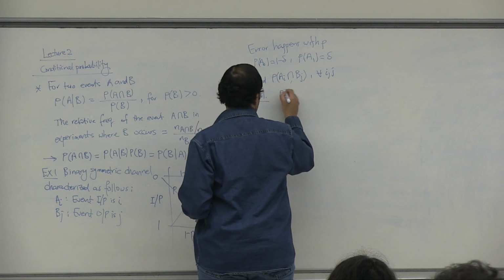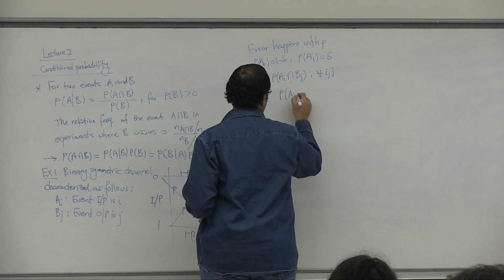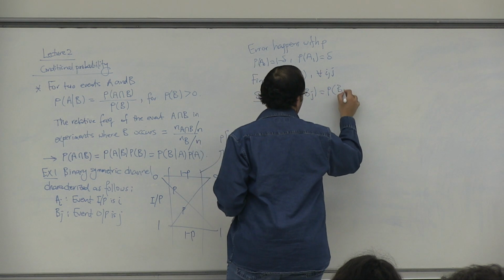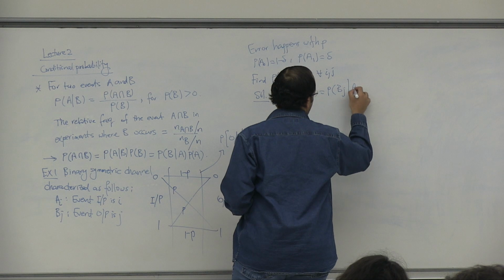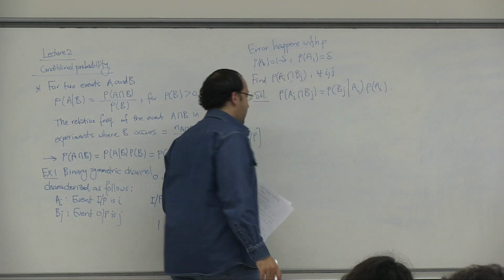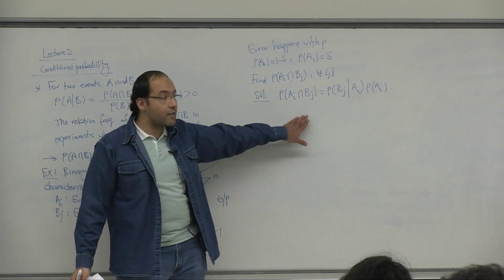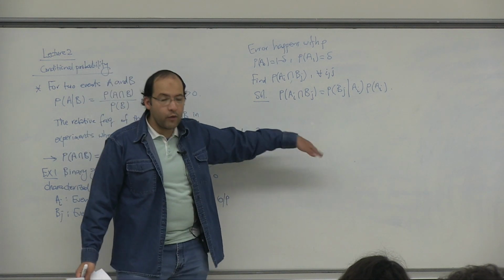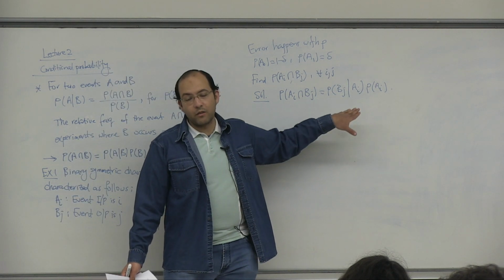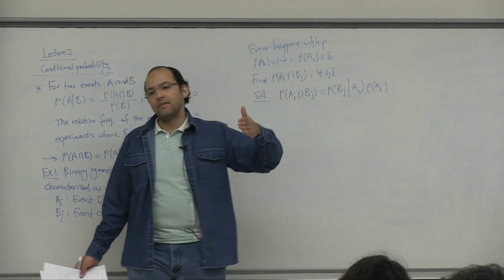The probability of A_i intersect B_j is the probability of B_j given A_i multiplied by the probability of A_i. You want to get a specific probability, and the way you go about it is you choose the equation that is based on the ingredients you have in hand.